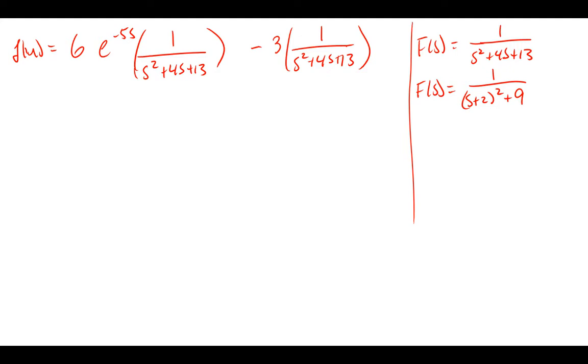Now this is close to what you want in order to use, is it Rule 8, I think, in the chart? Or not 8, 6, I think. So it's close to Rule 6, but 6 would like a 3 on top. That's all right.